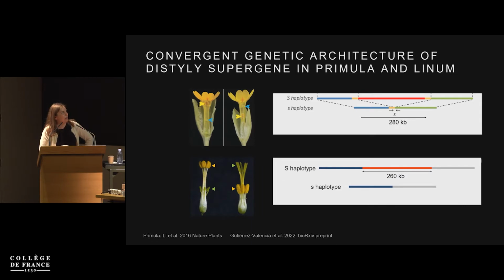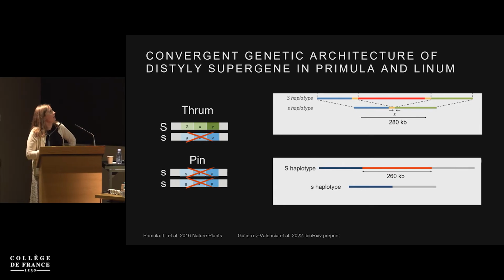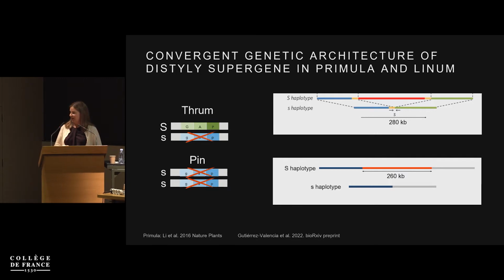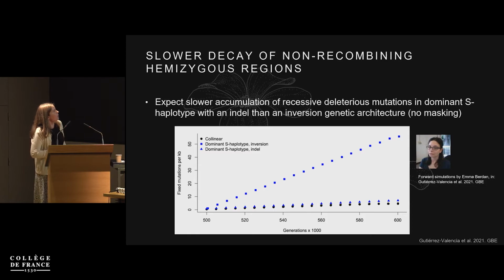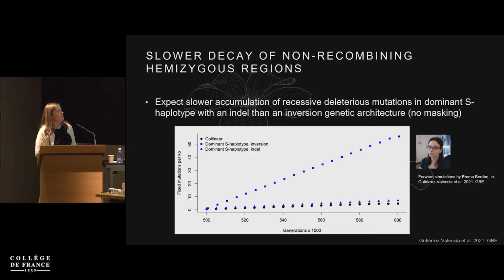And in Linum tenue, we have identified an approximately 260 kb thrum-specific region, also on the dominant S haplotype. So this suggests that if this holds more generally, the classic model for the inheritance of Distyly should indeed be revised. What are then the consequences of hemizygosity for the evolution of supergene haplotypes?